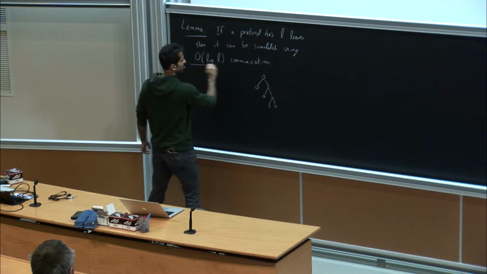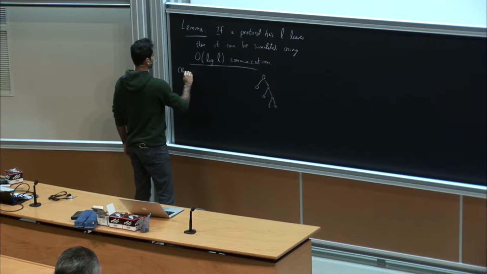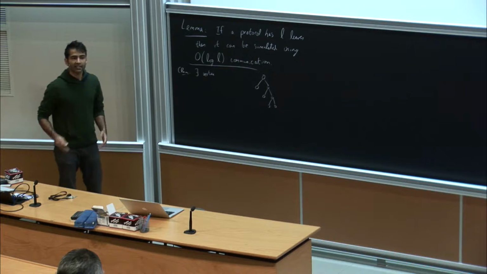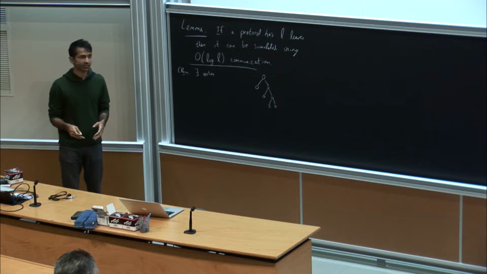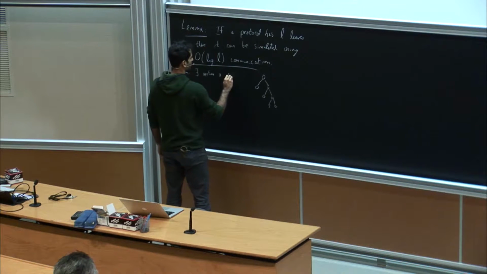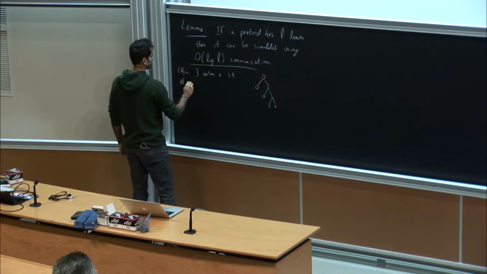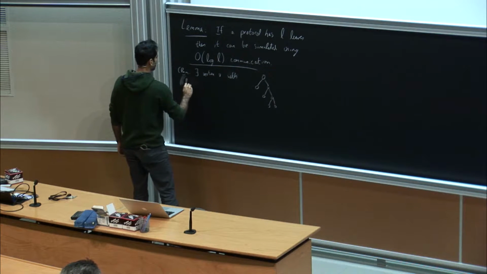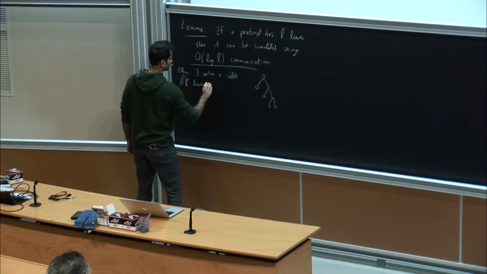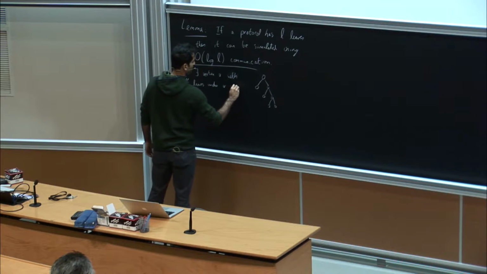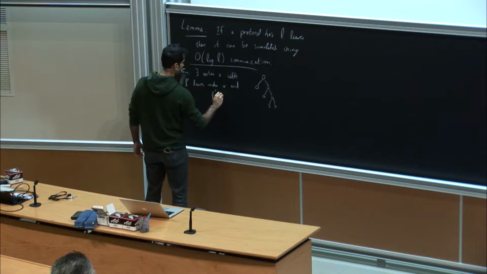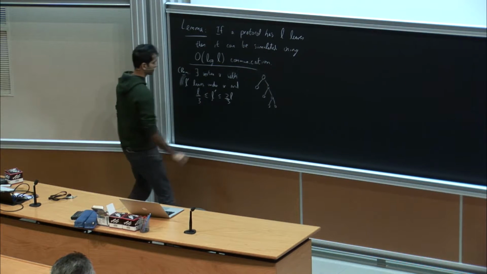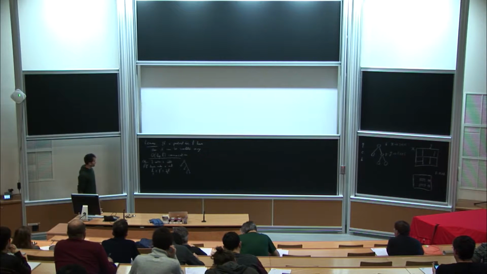The first thing I want to claim is that there exists some vertex v in this tree that has roughly half of the leaves under it, such that the number of leaves L prime under v is at most 2/3 of L, and at least 1/3 of L. So that's a claim.